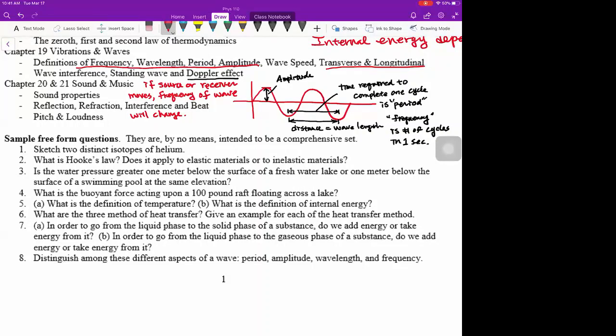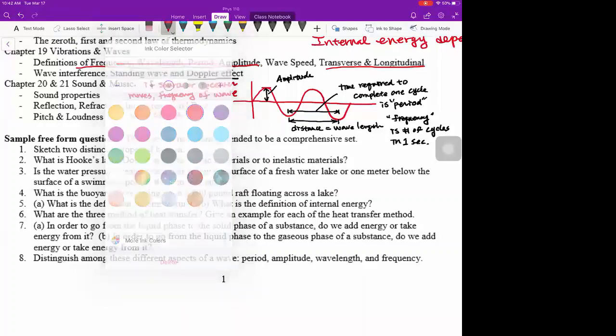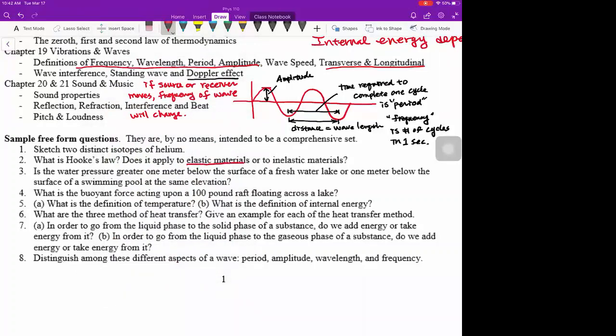Hooke's law means the length of the spring is proportional to the force that you apply to it. That's Hooke's law. It's about an elastic material, not for the inelastic. Elastic means it will go back to where it was when you release the force.